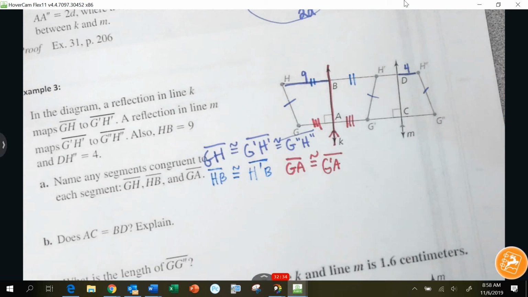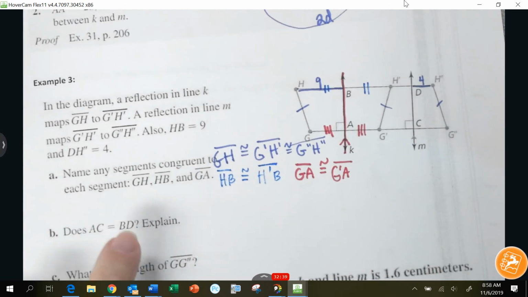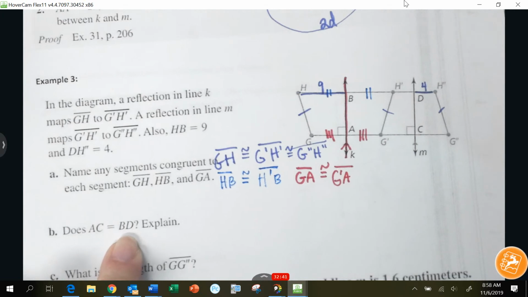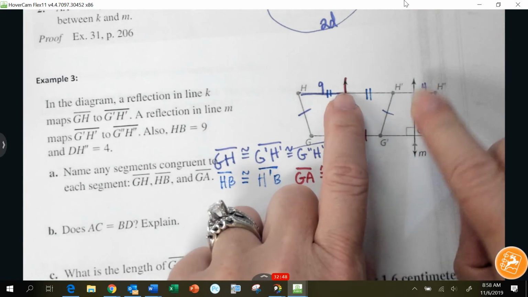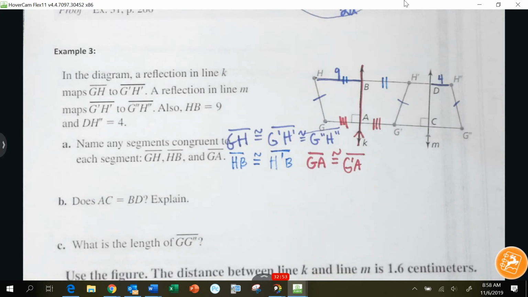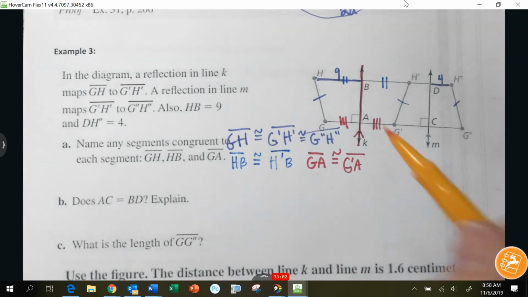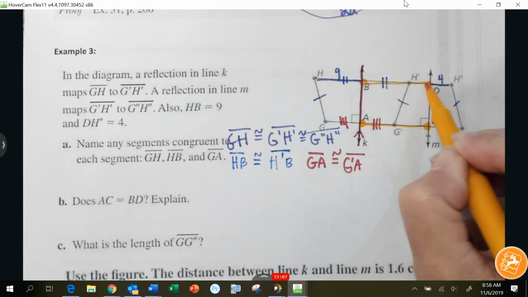Okay, the second question. Does the length of AC equal the length of BD? Explain. David, do you think that they're equal or not equal? So you think that AC and BD are the same length.